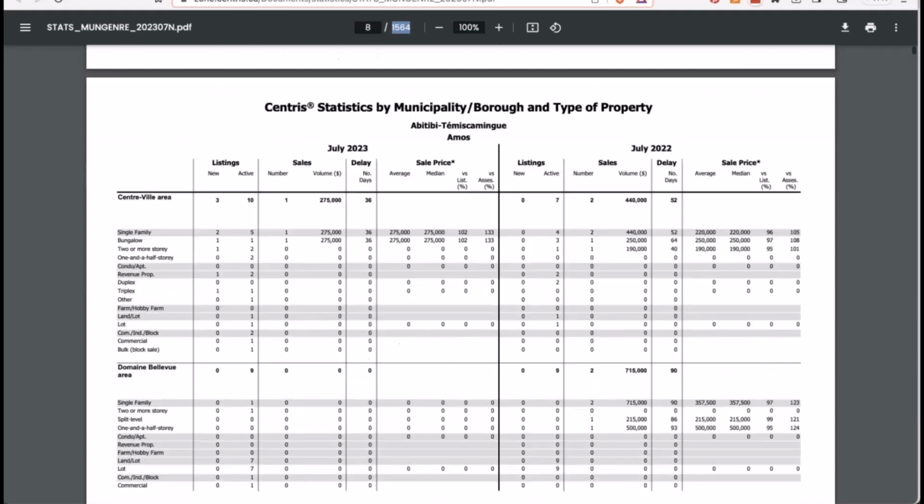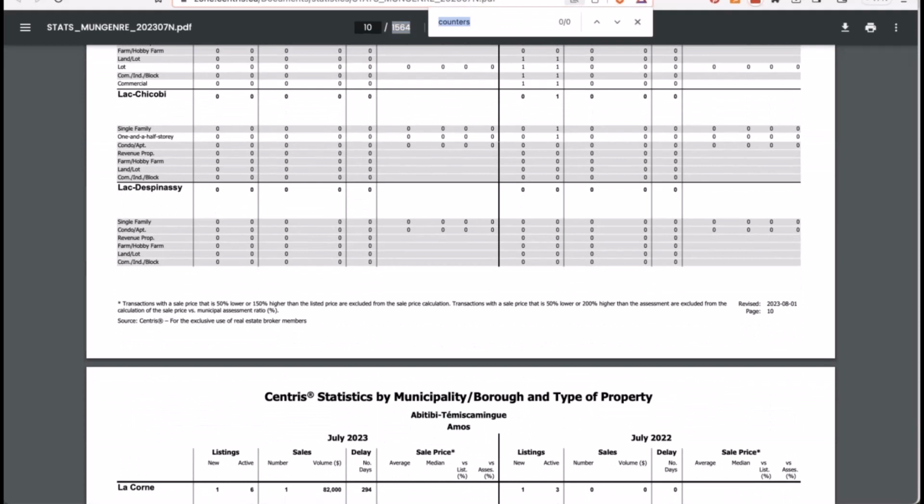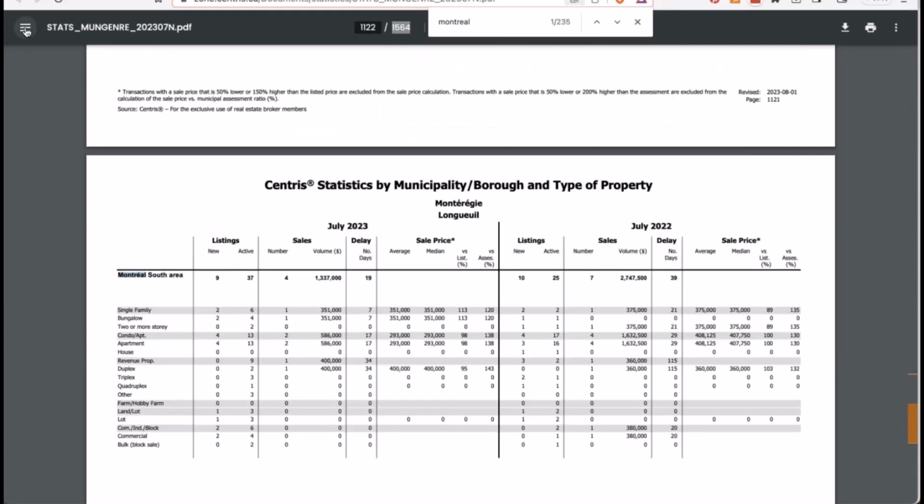So what I'll do here is I'll go to Montreal, where I have a lot of information. I have a lot of transactions.